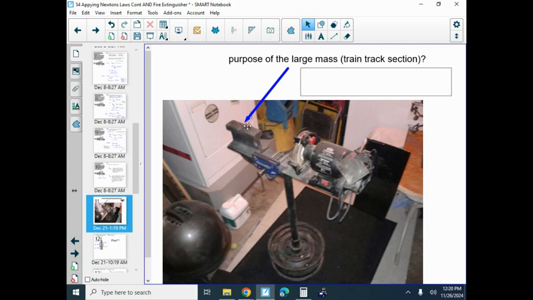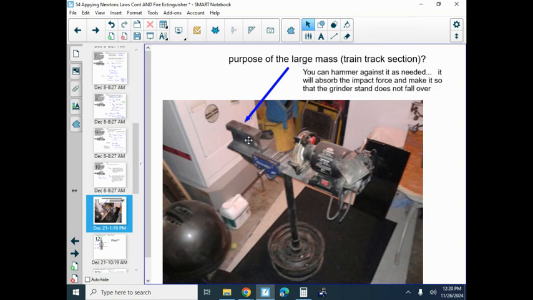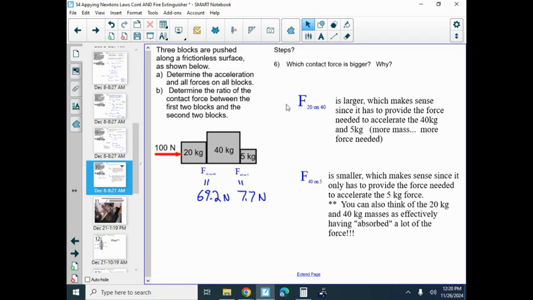And if it has a lot of mass, it has a lot of inertia, so you can hit it and it doesn't accelerate off and tip this thing over and so on. That little anvil type thing there looks like a section of a train track, I'm guessing. It helps absorb that impact force. That's the concept I'm trying to get you thinking about in the way I've analyzed this, especially this last one.